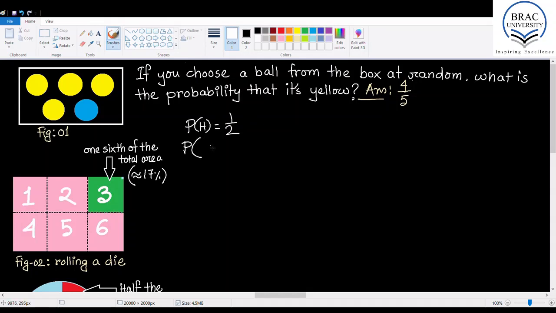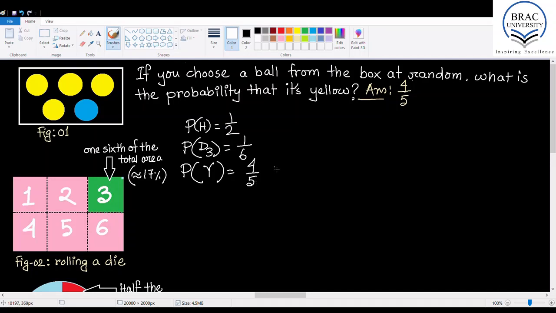Similarly, the probability of rolling a 3 with a die, let's call it the event D3, is 1 by 6, and in the latest problem, choosing 1 out of 4 yellow balls from a box of 5 balls is 4 by 5. Y denotes the event of picking a yellow ball at random.